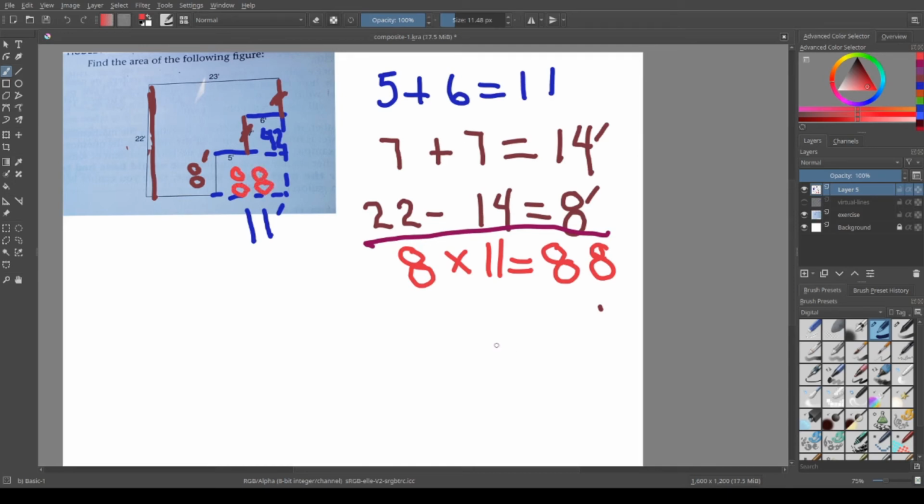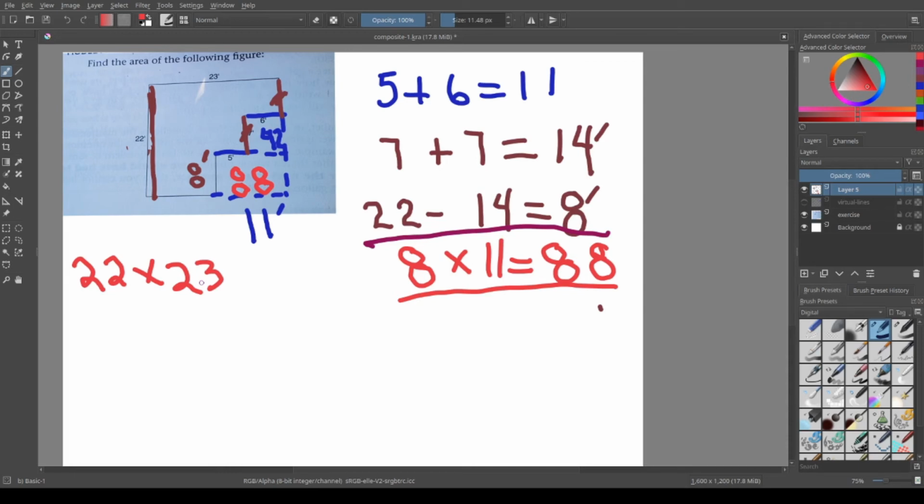Now, to find the total area, I have to find the area of the entire rectangle, which is 22 times 23. Now you probably need a calculator. Get your calculator.